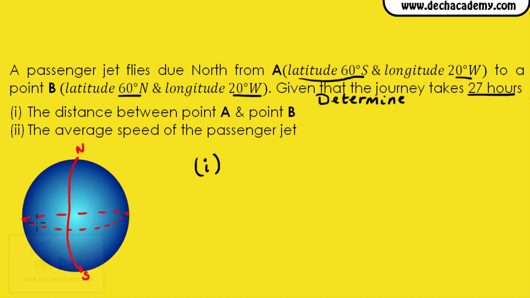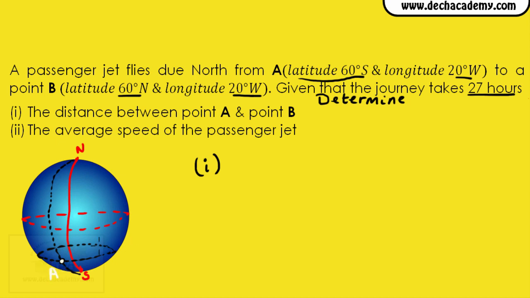Latitude 60 degrees south, that's to the south of the equator. It's going to be somewhere here. So A lies somewhere along this circle, but at longitude 20 degrees west. So 20 degrees to the west of the prime meridian, that's going to be something like this longitude. So essentially what I have is point A here.